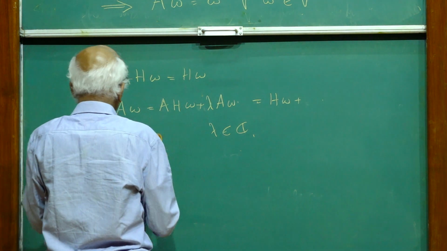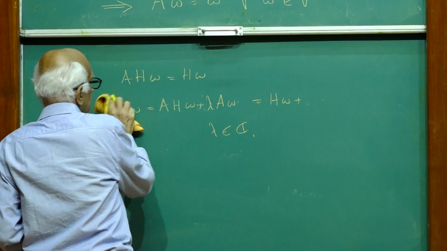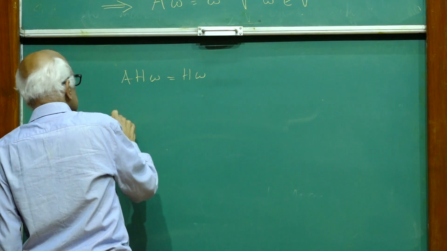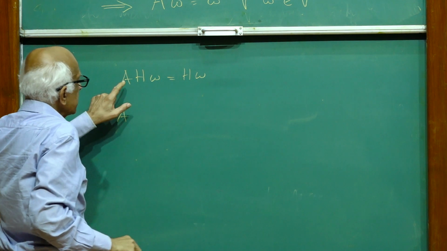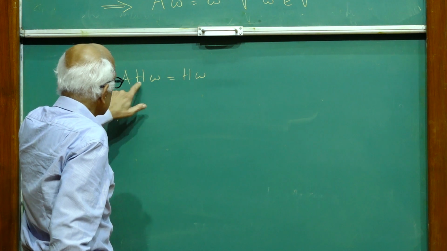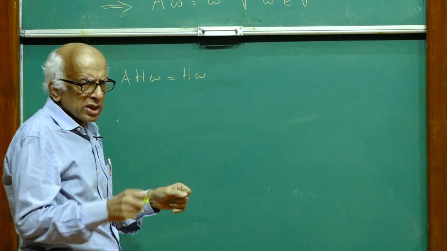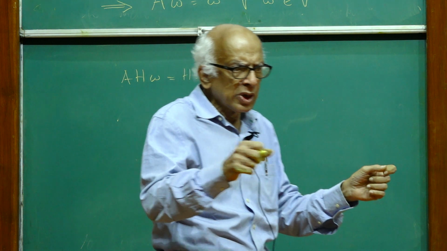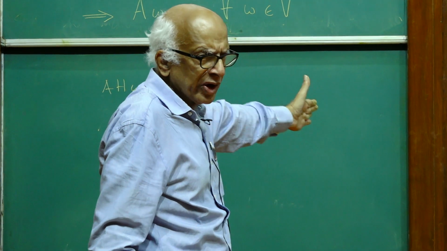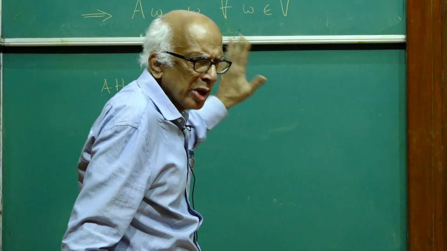Let me stick to, okay, I'll do the following. H. Okay. See, the point is that there is some A such that A H W equal to H W. A can be broken up into a sum of eigenspaces for various things, and one of them will work, and you can pick up that one.